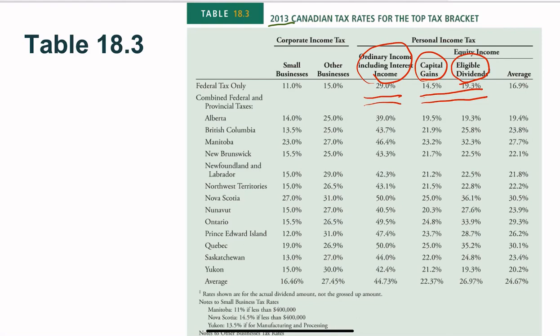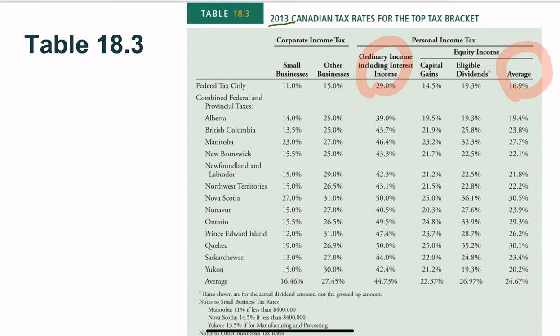So what we can do is we can look at the average equity tax, right? So now let's shift our major focus to this column and this column. Here, average essentially refers to the average of the capital gain tax and the dividend tax.